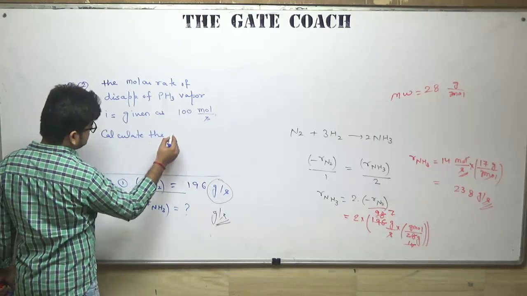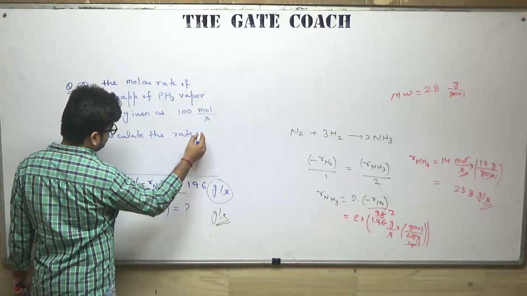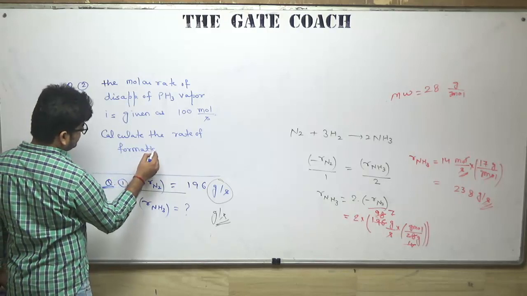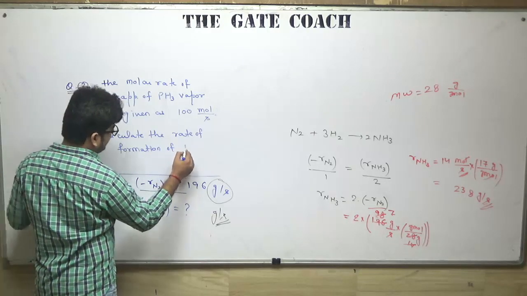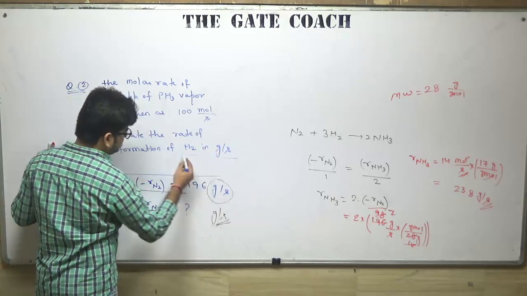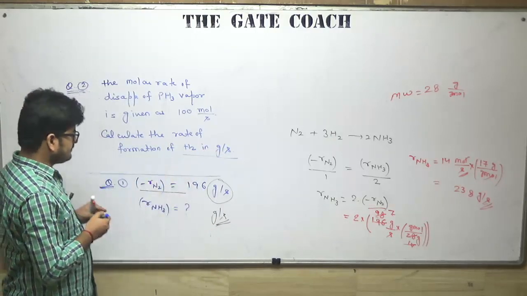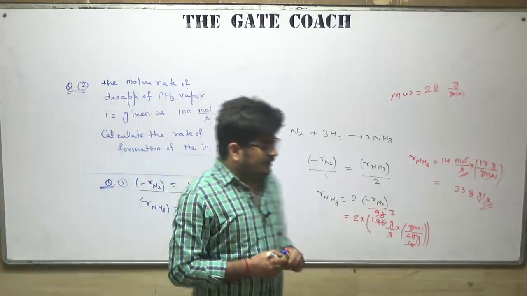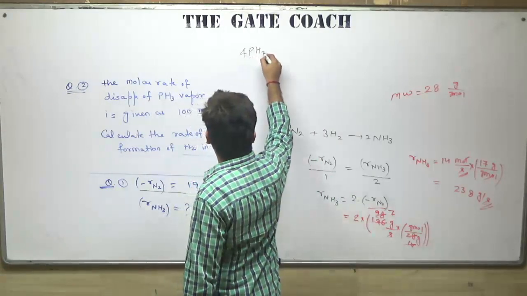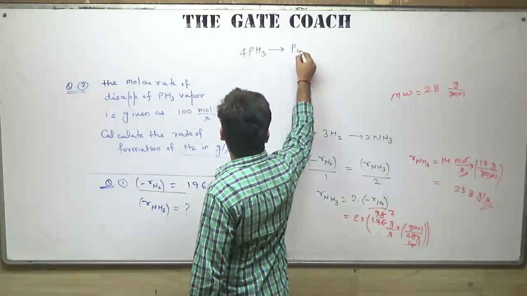Calculate the rate of formation of hydrogen in gram per second. Phosphine decomposition is this.